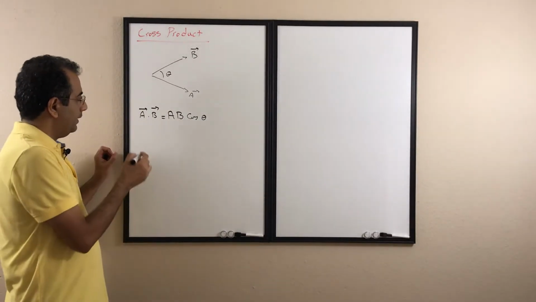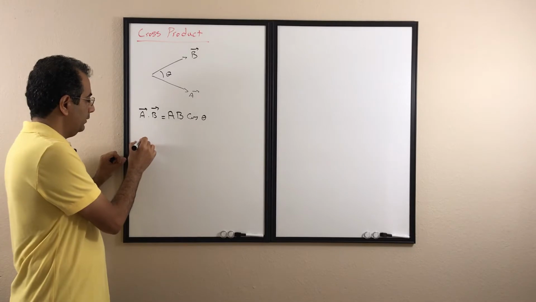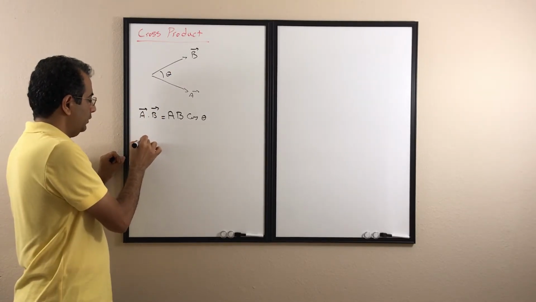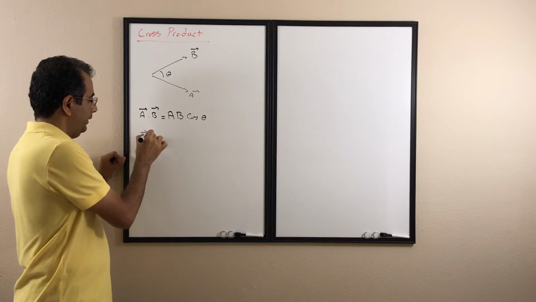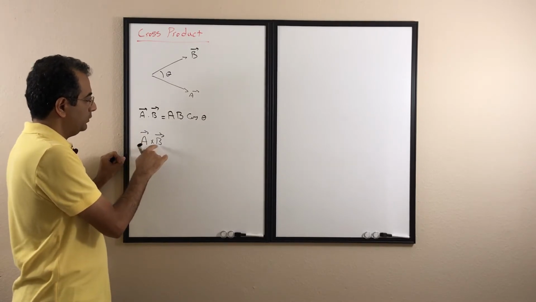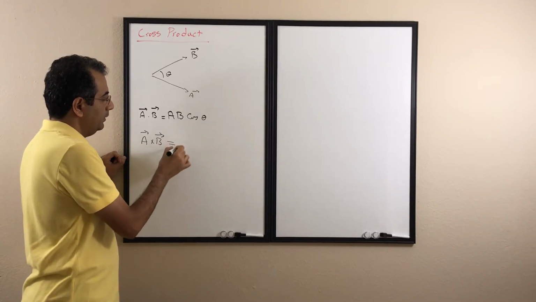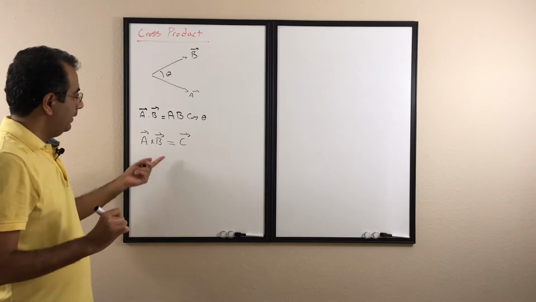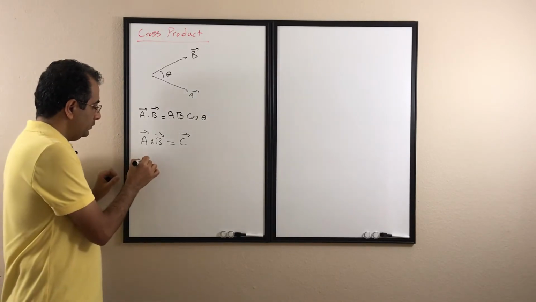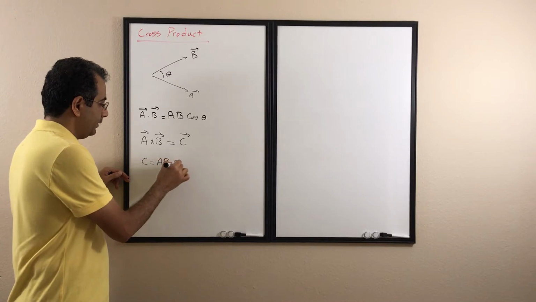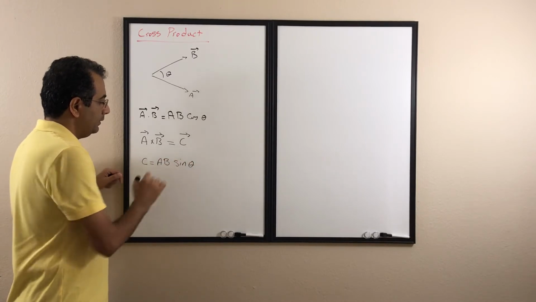Similar to that, we have a concept that we call the cross product. If I have A cross B, this time it gives me a vector C, and the magnitude of that vector C is AB sine theta.